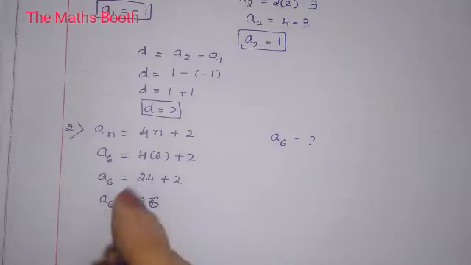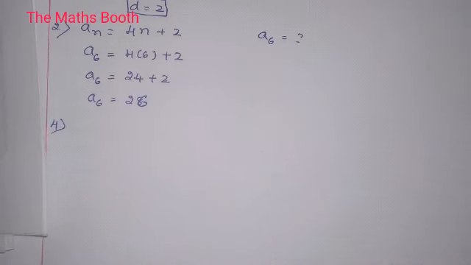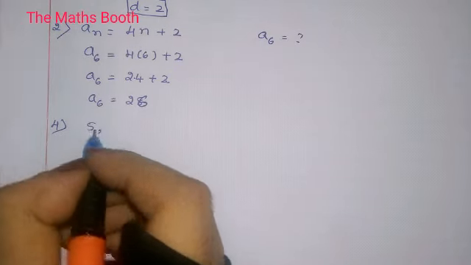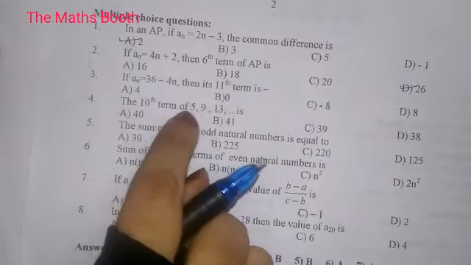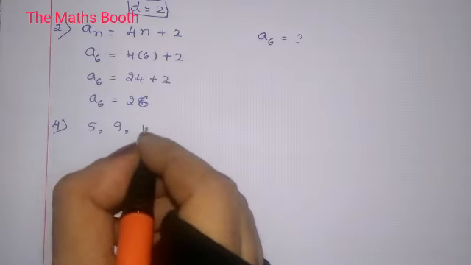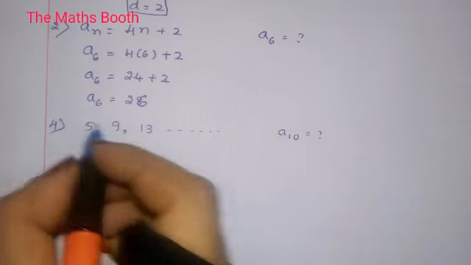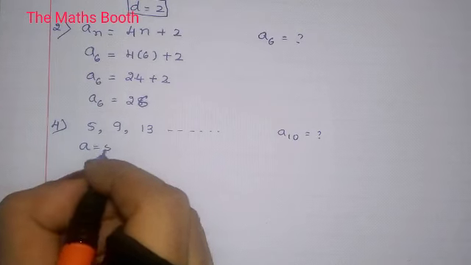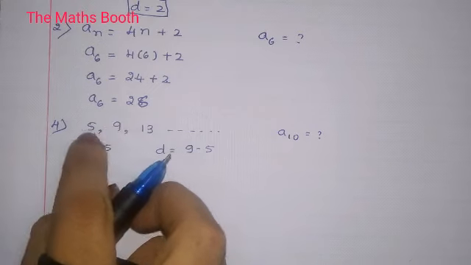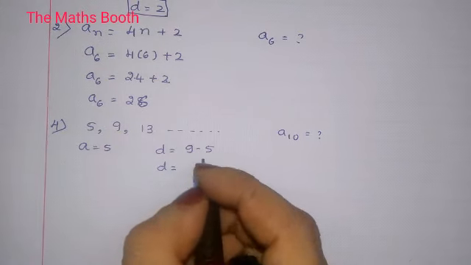Now the fourth one. They have asked for the 10th term of the AP 5, 9, 13. 5, 9, 13 is the given AP, and they have told us to find the 10th term. The first term a is equal to 5, d is equal to 9 minus 5, second term minus first term, which is 4.